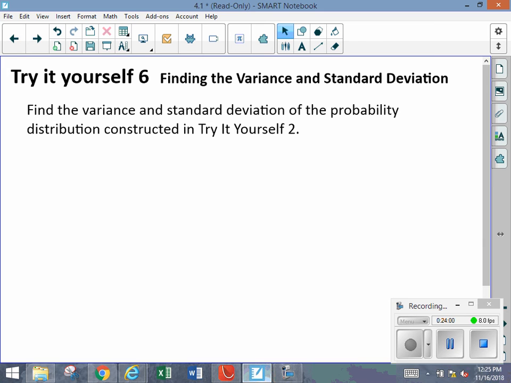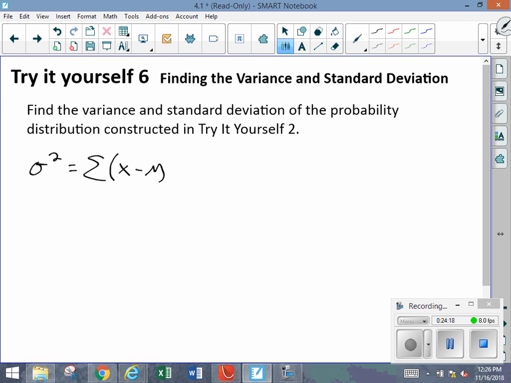What does this formula mean? Our formula for variance says that our standard deviation squared is equal to the sum of all x minus my mean squared times the probability of x.